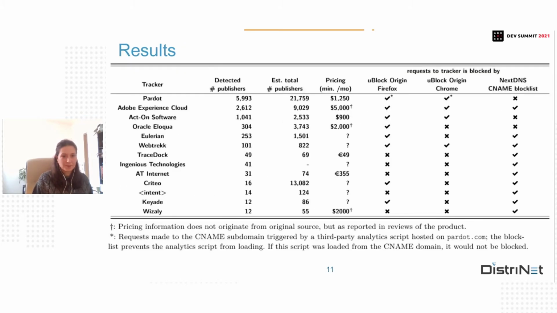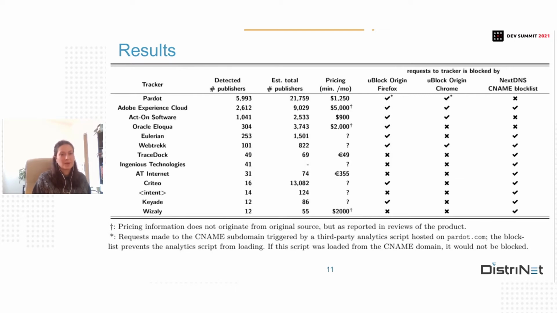So in this table, I sum up our results: the 13 different trackers that we found, along with the detected number of publisher websites using the trackers. However, this is a lower bound, because if we look at the estimated total number of publishers by using reverse DNS, we find a much larger number. We noted the pricing of the service, if it was available on the website of the tracker.